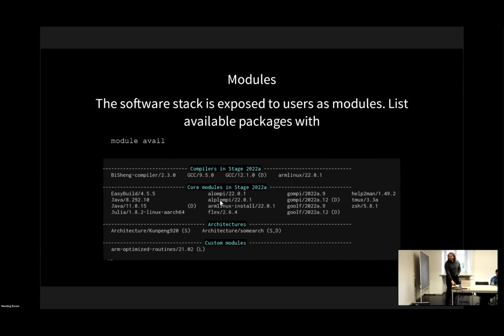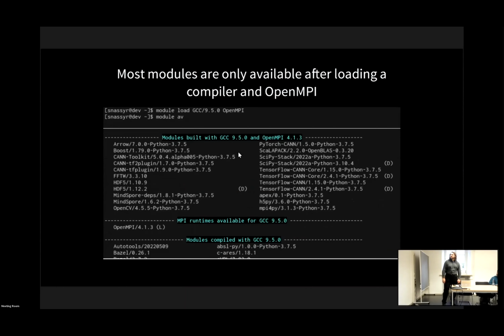You will see something like this. This is not all the software that is available. Most packages will only become available once you load a compiler like GCC and then OpenMPI. So if you do something like this, for example, load GCC 9.5.0 and OpenMPI, then you will see that you have something like Boost, you have the CANN toolkit, which has the NPU accelerator software.